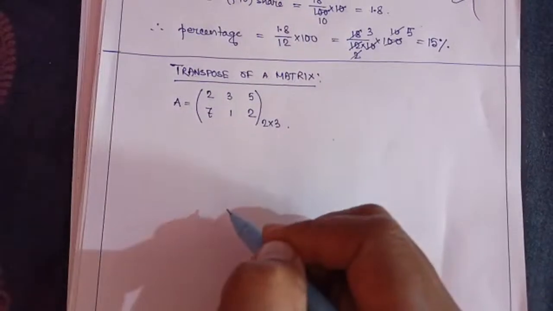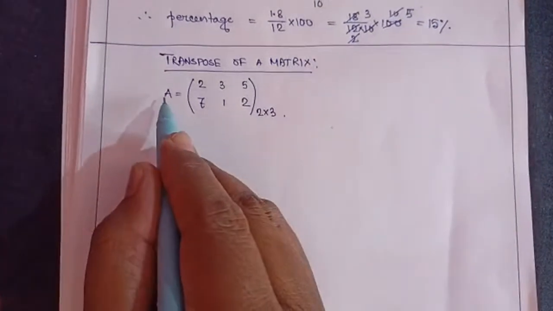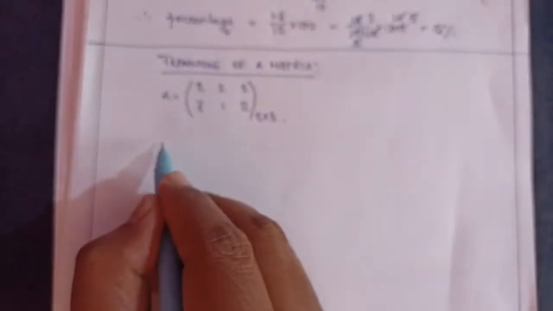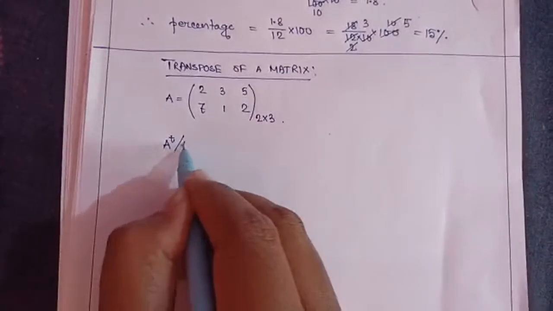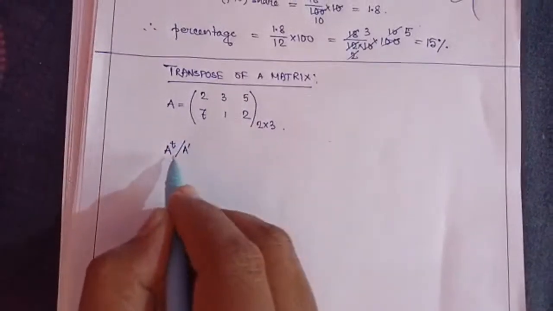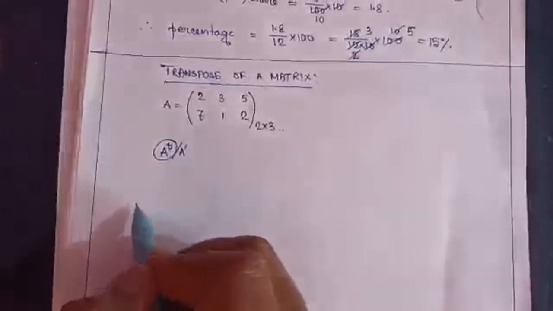Okay. So transpose means, when A is a matrix that is given, A transpose is denoted by A T, or sometimes A dash also we write. I'll prefer A T. A T represents the transpose of this particular matrix.